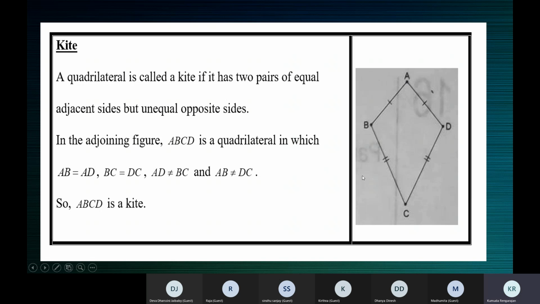You can just write the properties in a simpler way. Write in your book, kite, opposite sides not parallel, meaning both the pairs of opposite sides are not parallel.